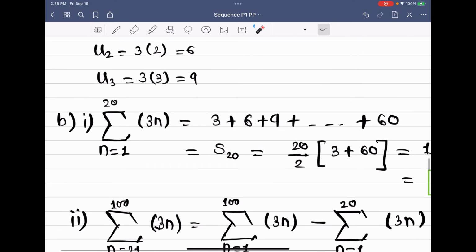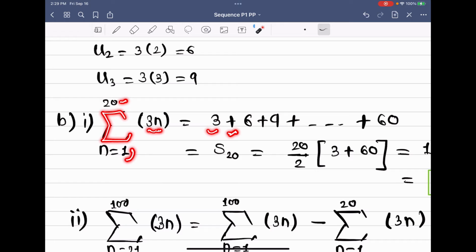So here summation I'm writing as it is, summation from n is equal to 1 to 20 of 3n. I'm using a bracket for 3n. Start with n is equal to 1. So 3 times 1 is 3. Then use this summation sign, which is plus. After 1, don't jump to 20. After 1, the next number comes as a 2.